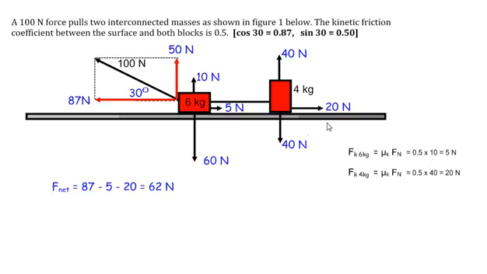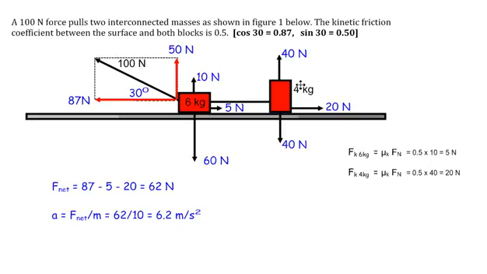So the net force along the horizontal is 87 minus 5 minus 20, which gives us 62 newtons. Since we know the net horizontal force, we can find the acceleration, which is equal to F net over mass. Now the net force of 62 newtons accelerates the whole system, and therefore accelerates 10 kilograms of mass. And so the acceleration is therefore 6.2 meters per second squared.